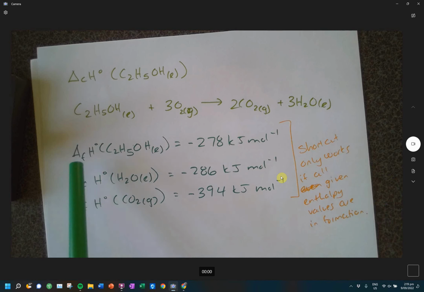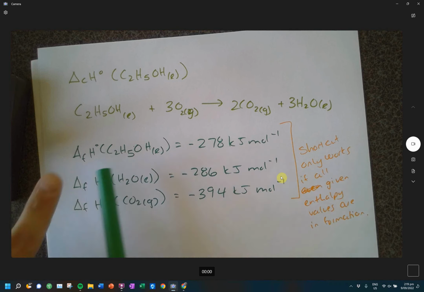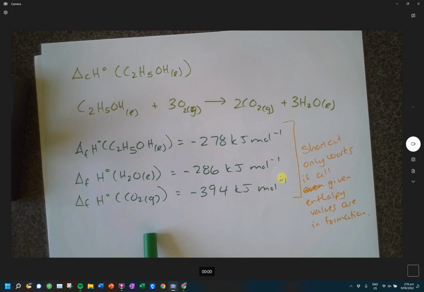So the reason why I taught you guys last week about combustion and formation and how to write those equations is because you could write the long answer and figure out what these equations look like. But you can do a shortcut because all of these are in the formation version.